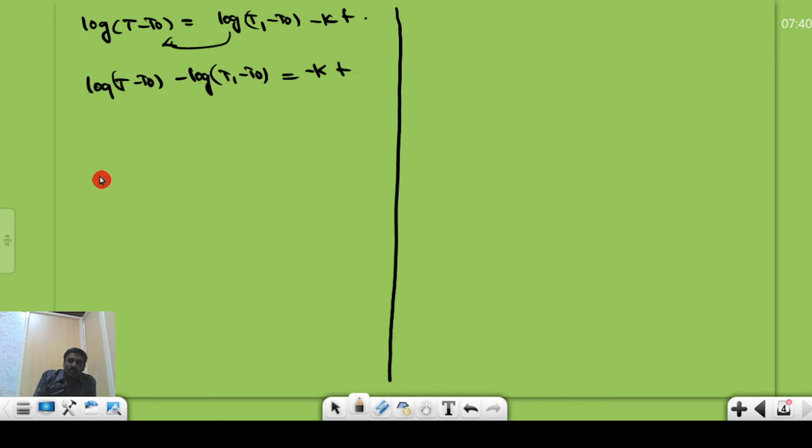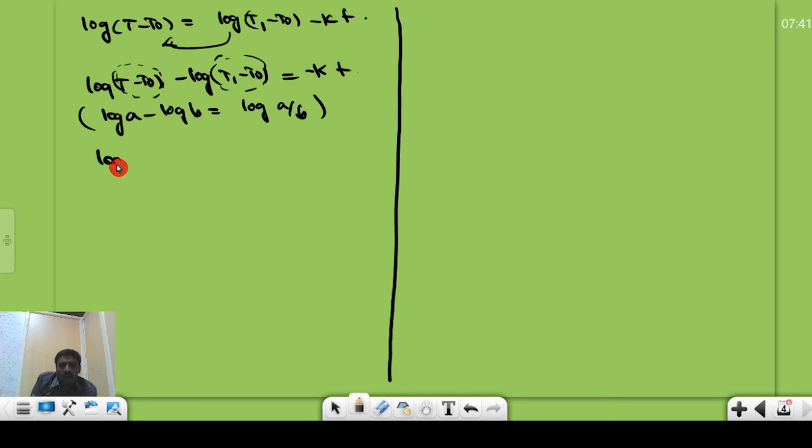You are already familiar with the formula log a minus log b is equal to log of a by b. Here this value is a, this value is b, then log of (T minus T naught) divided by (T1 minus T naught) is equal to minus kt.